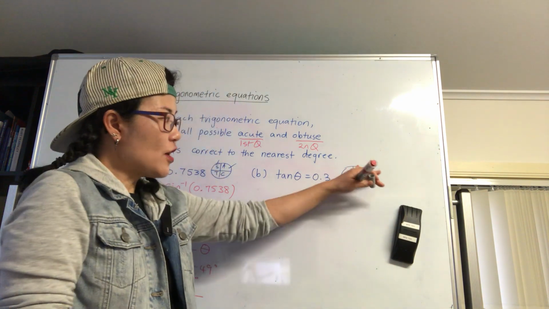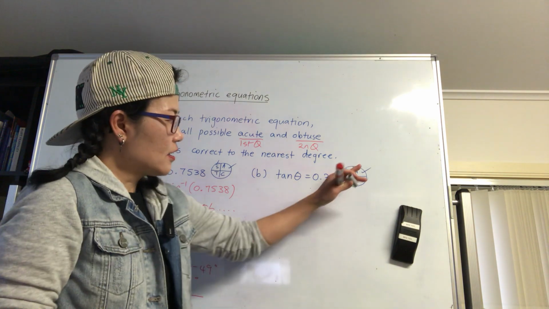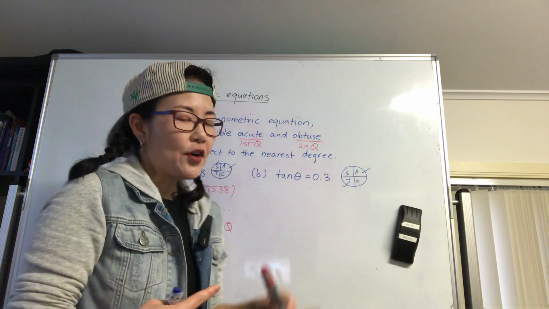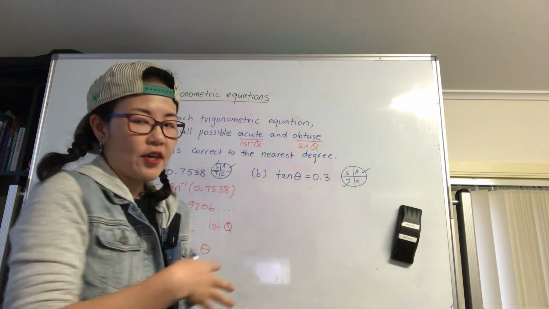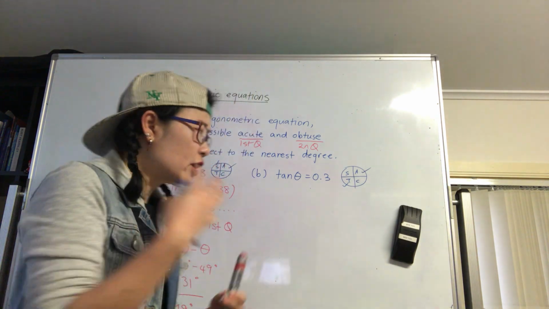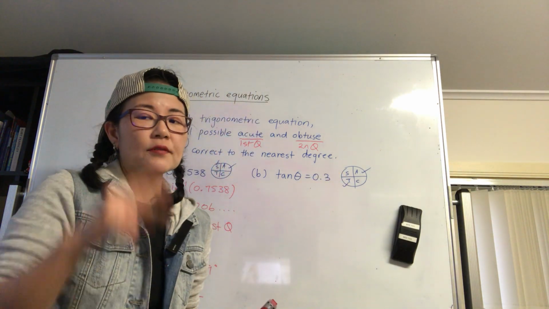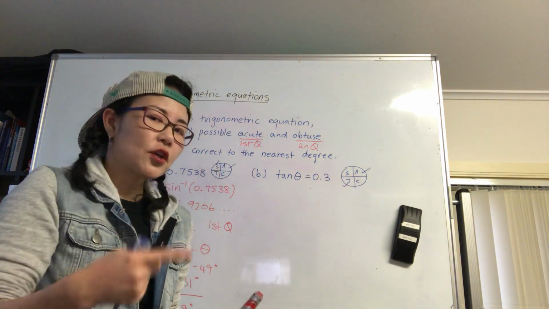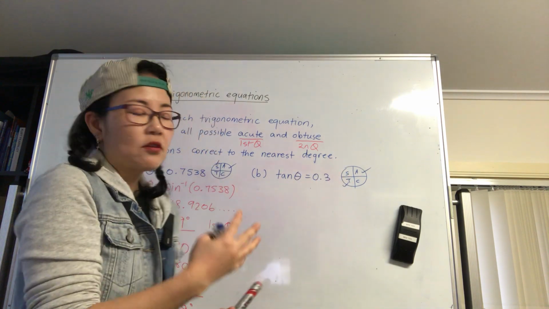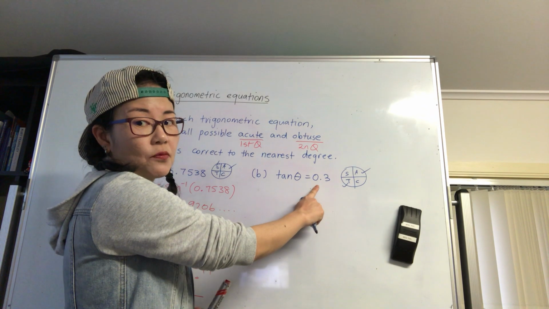First is acute, fair enough. Second quadrant is obtuse. When it goes to the third, it's a reflex angle. So we are not going to have two solutions, one acute and one obtuse, because there isn't any obtuse angle that is going to satisfy this.